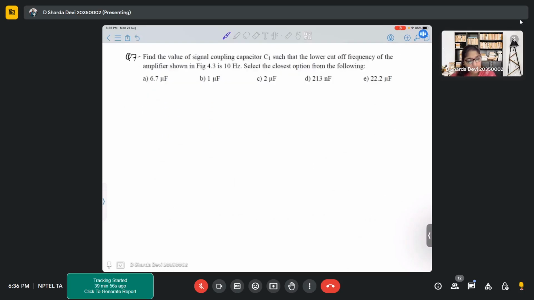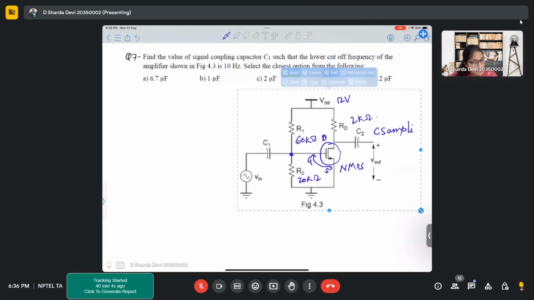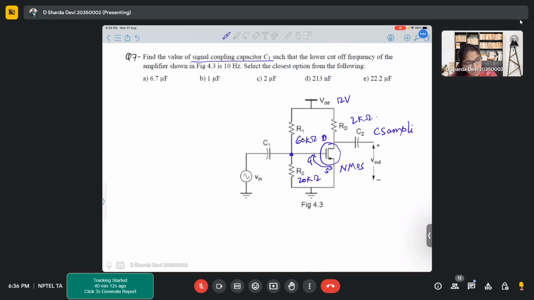In this problem, it corresponds to the same circuit again. Let's read this problem. It says: find the value of signal coupling capacitor C1 such that the lower cutoff frequency of the amplifier shown in this figure is 10 Hertz.